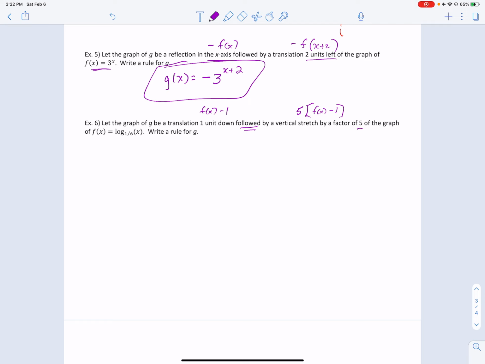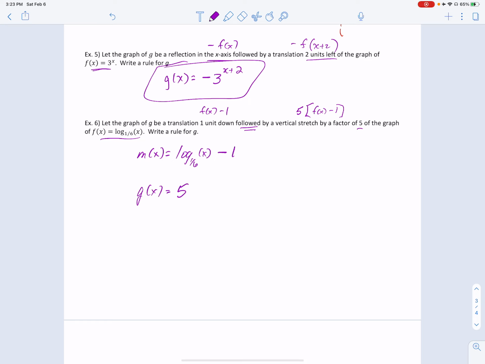So I'm going to do this in 2 functions. I'm going to just say, first of all, it's m of x by shifting this down 1. And so make sure that you have that outside so it's clear that it's to the right of f of x. And then g of x we have to multiply by 5.